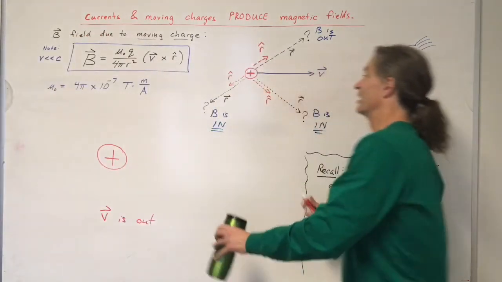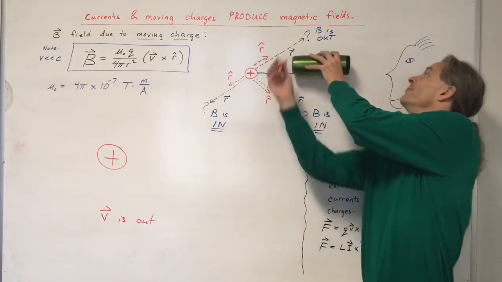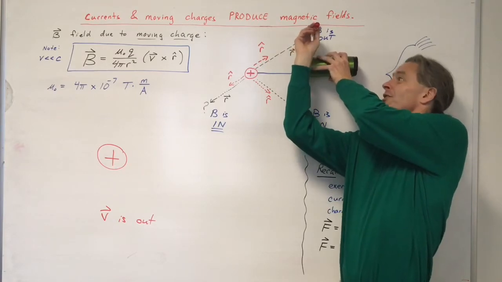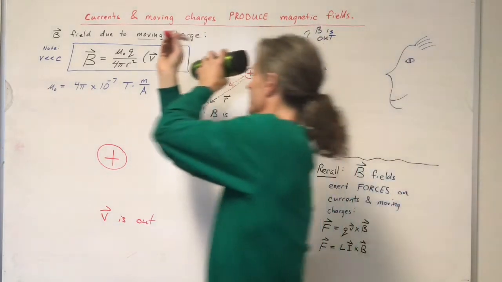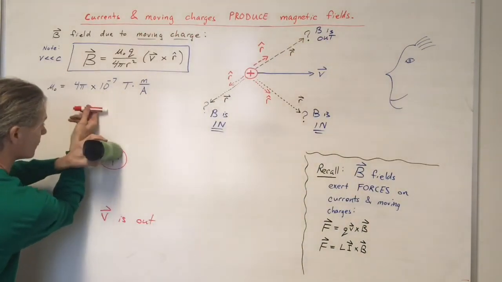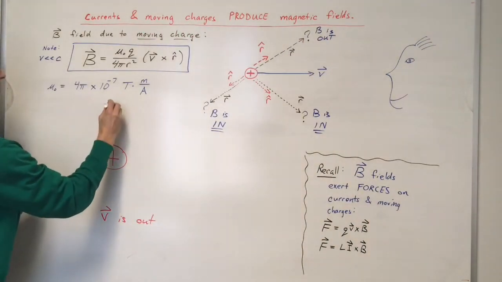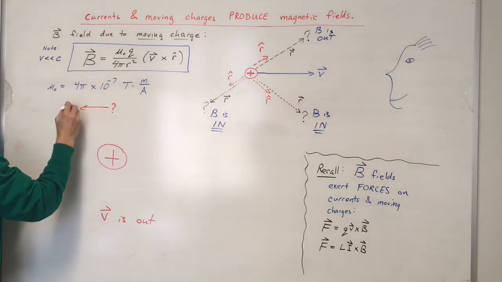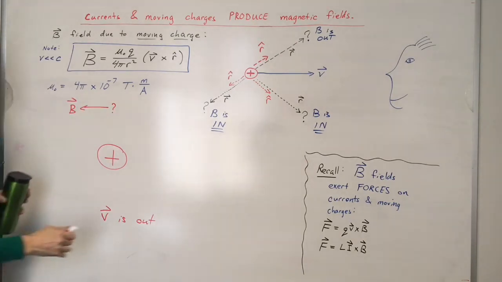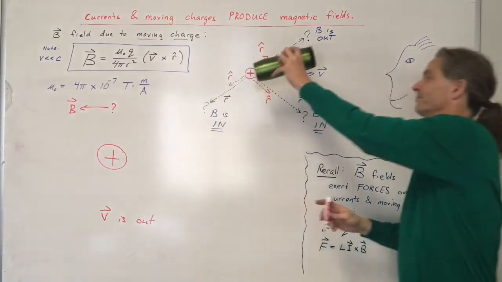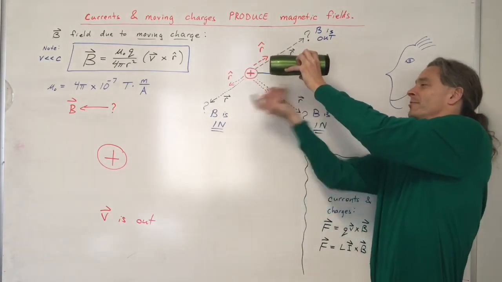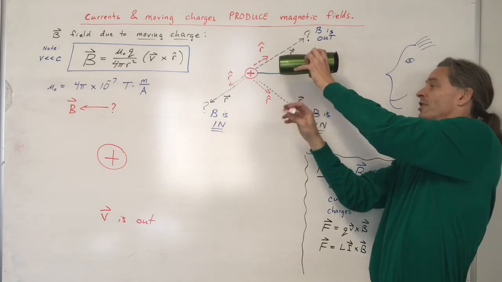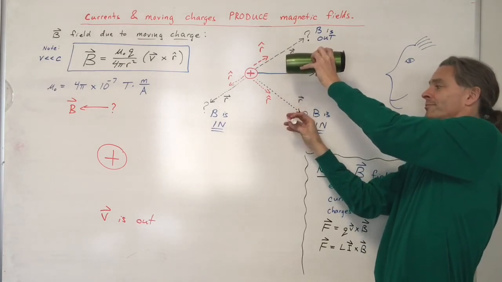So we want to look at this again. As the charge is coming out, above here the magnetic field was out of the board. Let's just translate that right here. So locations above the charge, the magnetic field is this way. Similarly, as I look into the direction the charge is coming, for a positive charge coming out at me, the magnetic field is into the board.